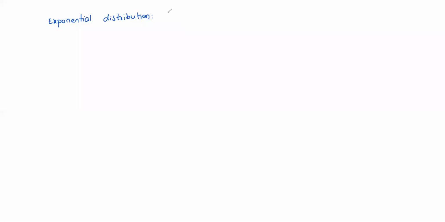It comes from Poisson distribution. It is derived from Poisson distribution. See, before going to exponential distribution, try to understand this traffic pattern.